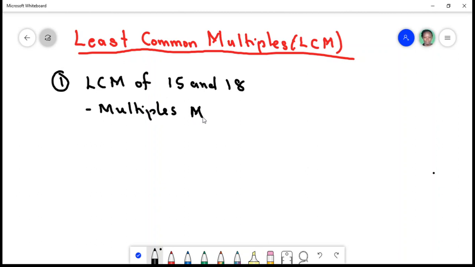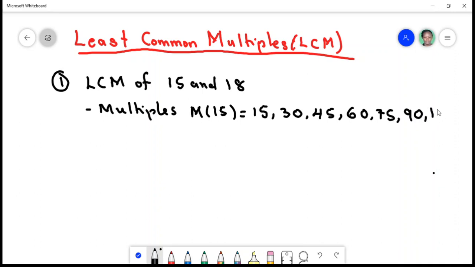Multiples of 15 are going to be 15. You add the same number each time: 15 plus 15 is 30, plus 15 is 45, plus another 15 is 60, plus another 15 is 75, another 15 is 90, another 15 is 105.